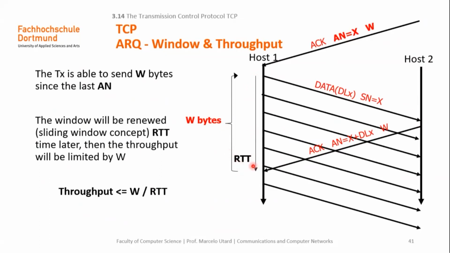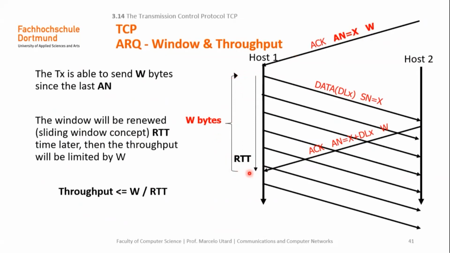Then typically the throughput will be maximum this window size divided by this round trip time. Then the window will be renewed. That is the sliding window concept. We could send from this sequence number W bytes.